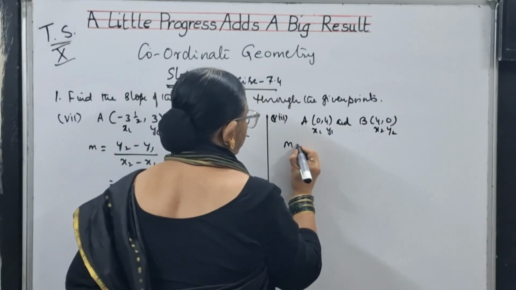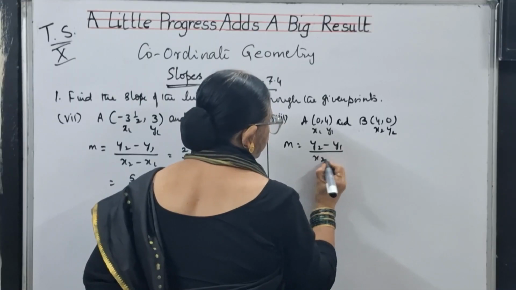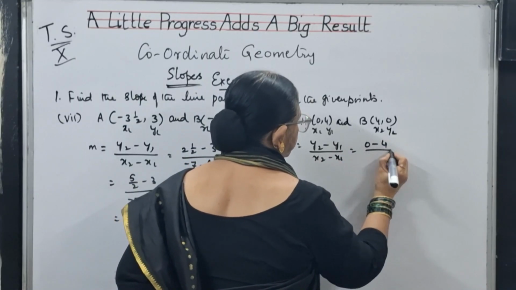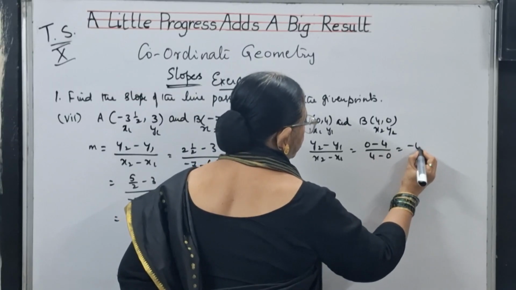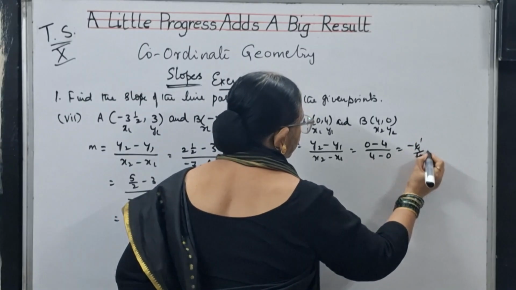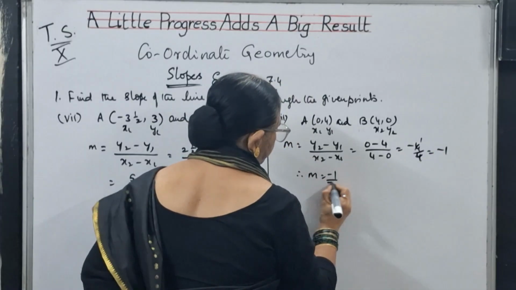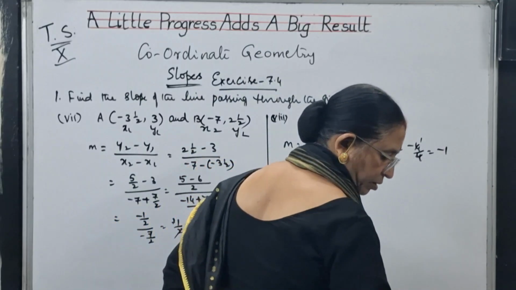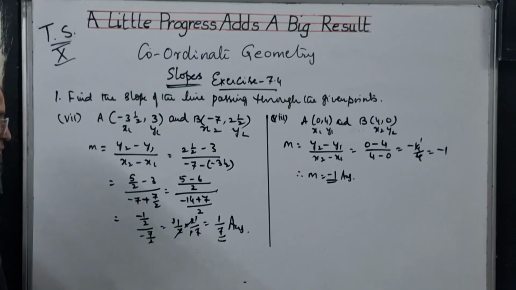So M is equal to Y2 minus Y1 by X2 minus X1. So what is this? Minus 4 by 4. Minus 1. Therefore, slope is equal to minus 1 is the answer. So, 7th and 8th bits, children.